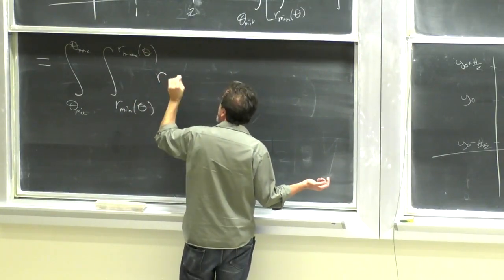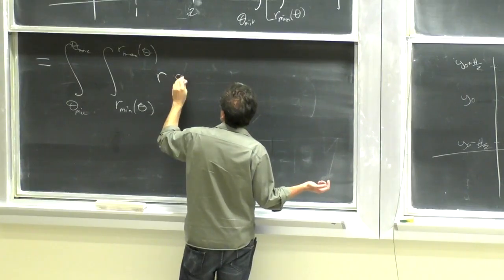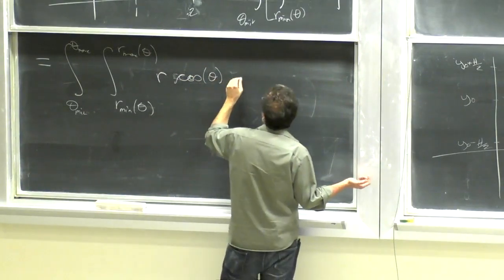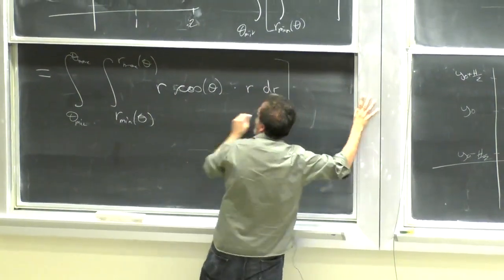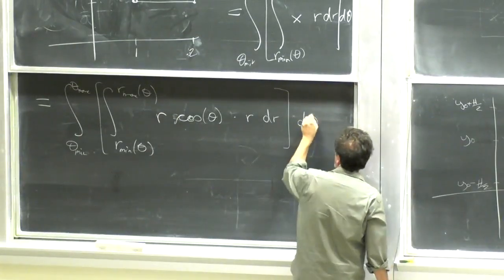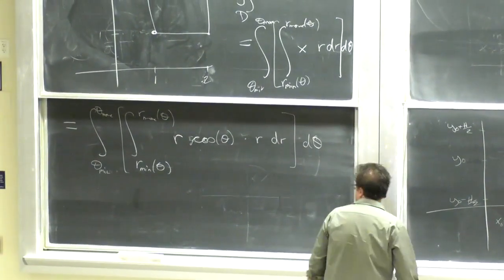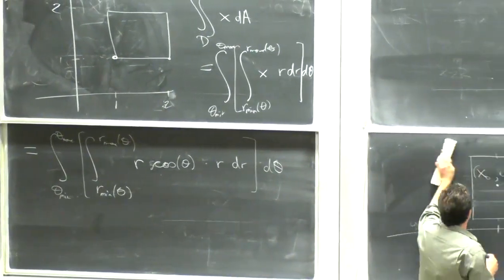So x is equal to r times the cosine of theta. And then all of that is multiplied by r dr. And then you have to integrate the result with respect to theta. Okay. So continuing over here.